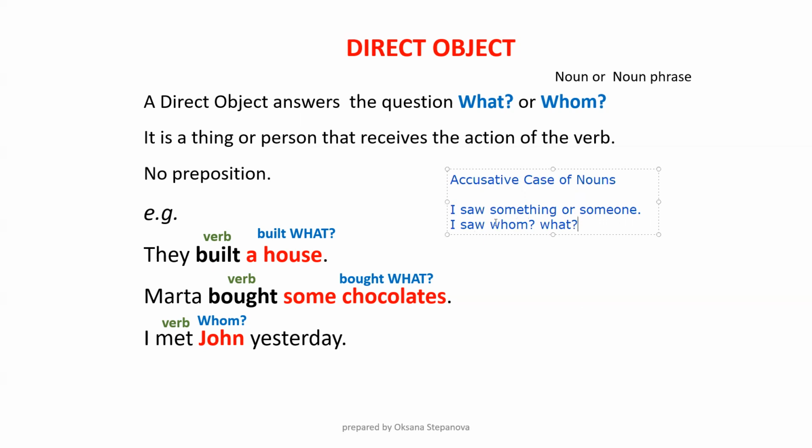So these two questions are your accusative case, right? Whom or what. This sentence is probably the easiest example of accusative case. I saw you, I saw him, I saw people. I saw whom, I saw what, I saw them, I saw him.